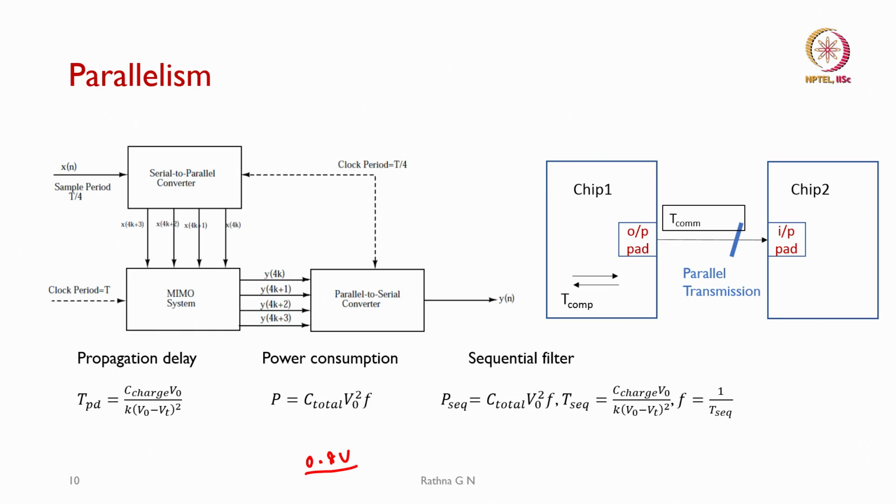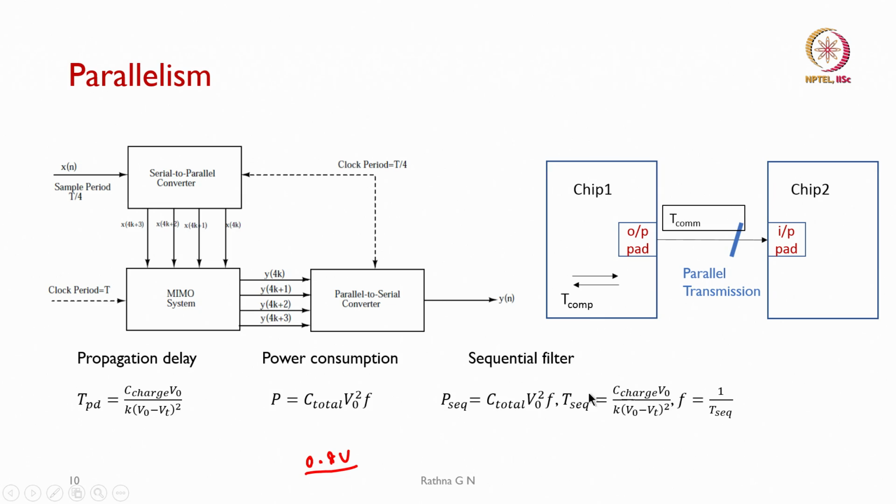So, whether we can operate at a suboptimal voltage, which is the dominant unit in our power consumption, we can reduce our power quite considerably, and it is directly proportional to frequency. If I want to operate at higher frequencies, we will go with parallelism or pipelining, but if I want to operate at the same frequency with reduced power consumption, then I can go with the optimal input voltage at which we can operate.